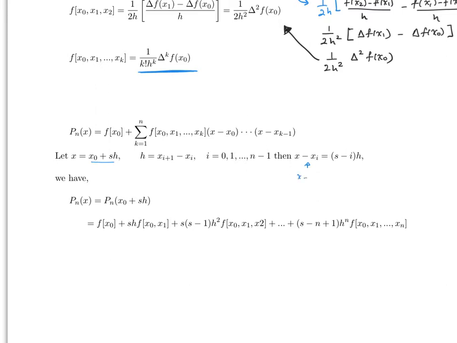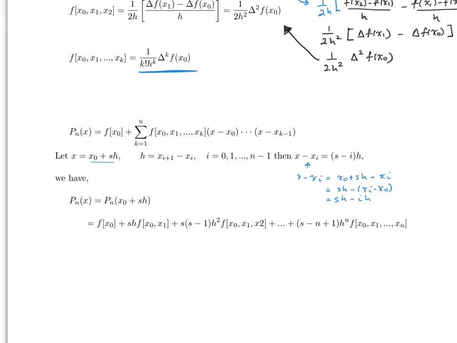So therefore x minus xi is just equal to x0 plus sh minus xi, and therefore this will be equal to x0 plus sh minus xi minus x0, and this will be equal to sh minus ih.